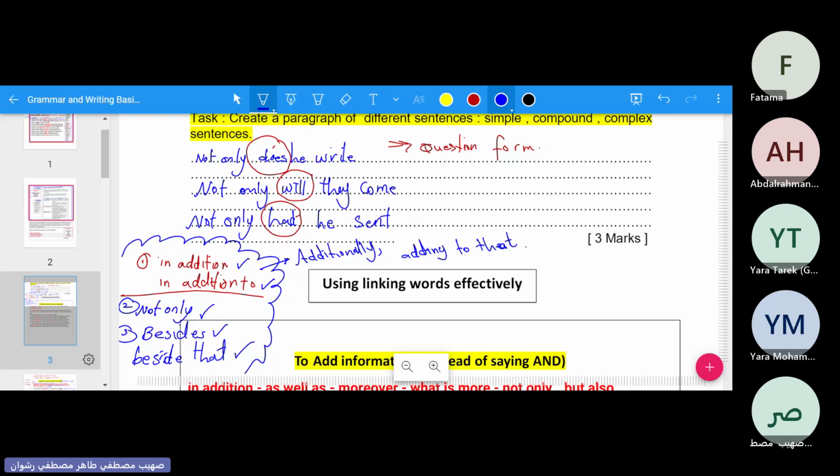Fatma, you're done? I'm in the first sentence. Abdurrahman, Yara Muhammad and Yara Tariq, done? I mean, besides that, last one. Okay, Yara Muhammad, please quickly.